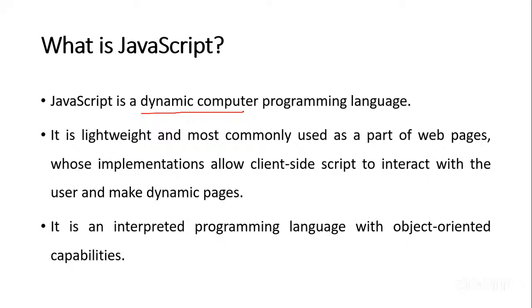Let me give a simple example to understand that. For example, if you want to see the results of your exam, you can visit the URL of your university, and that web page may have a design like: enter your hall ticket number and submit.